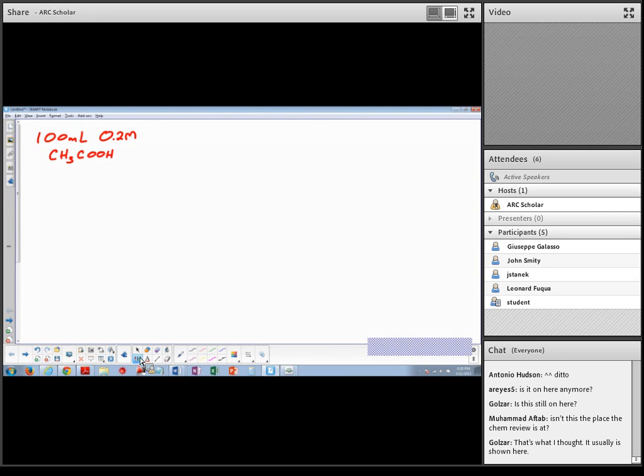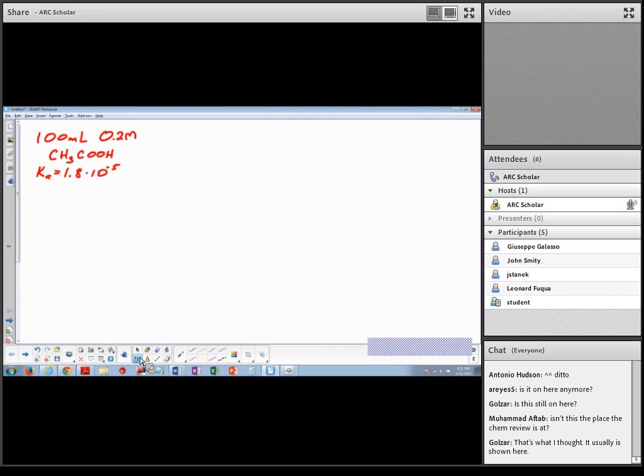The Ka value is 1.8 times 10 to the negative 5th. So this is going to be the analyte, the one we're adding the base to.